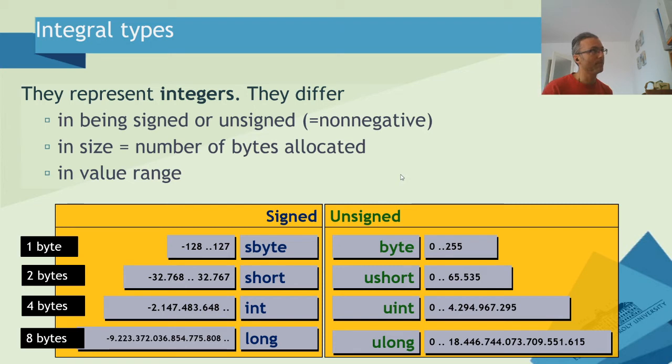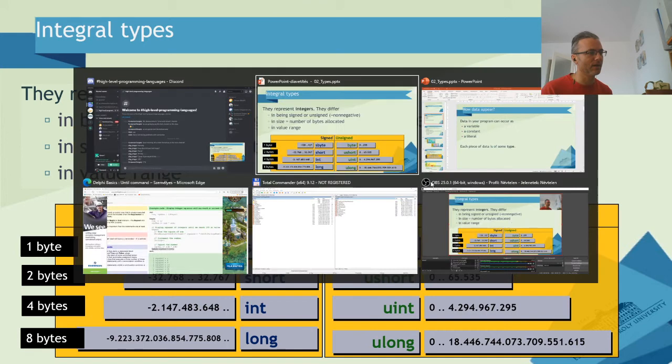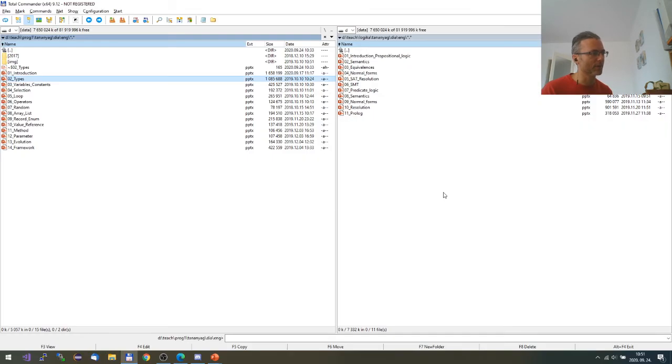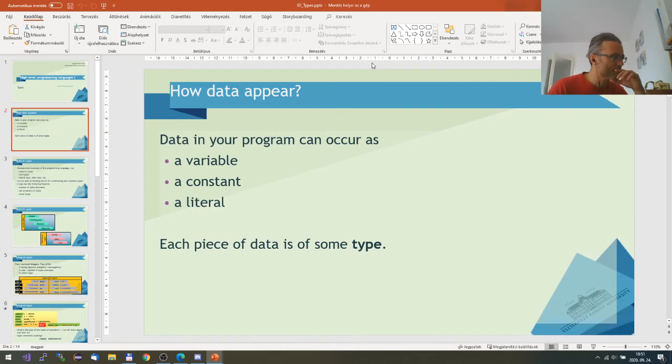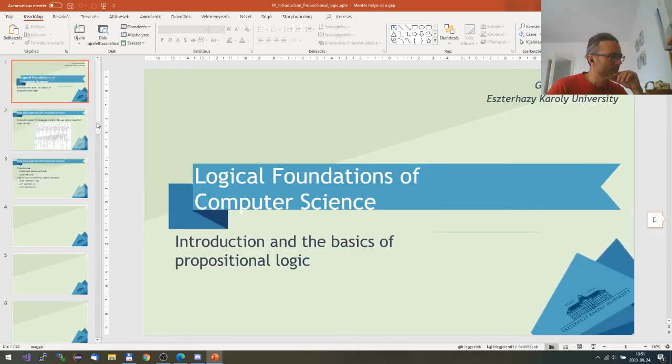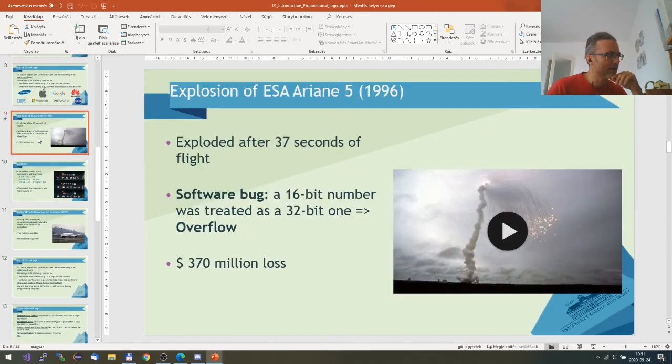It can be a matter of life and death for the programmer to know how the types work in your program. So let me just open another slideshow from my logic class.